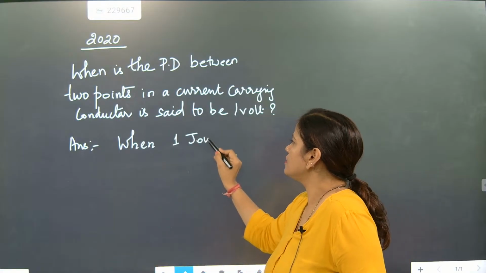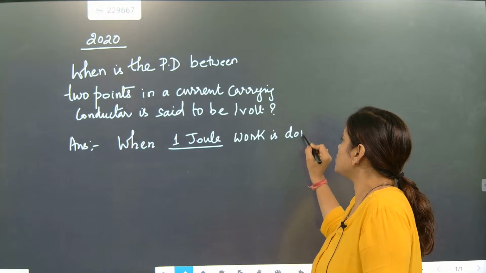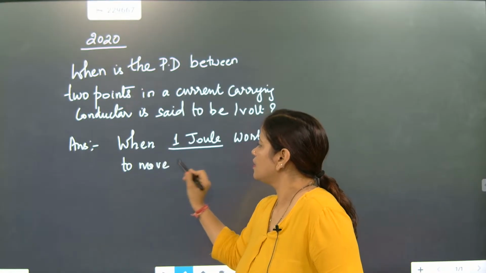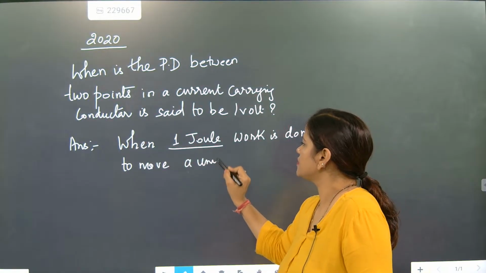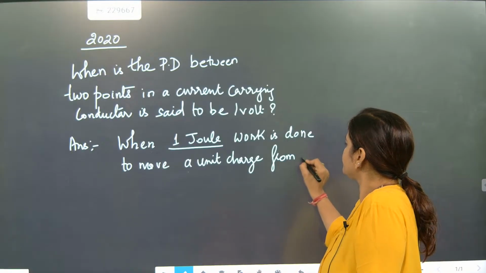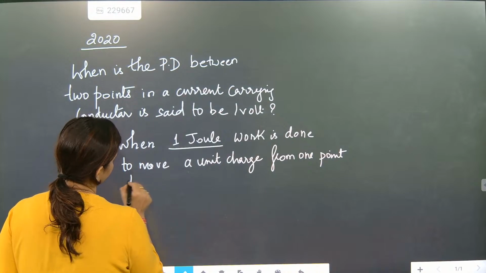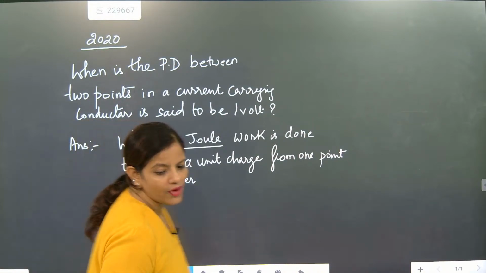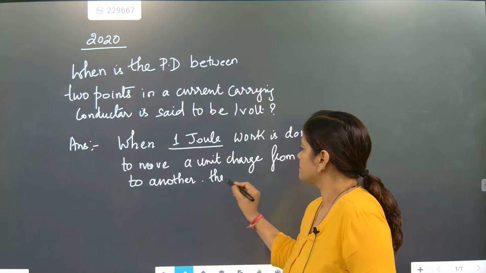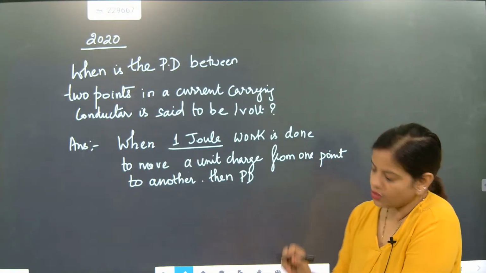When 1 joule, and underline. As a student I am writing the answer: when 1 joule work is done to move a unit charge from one point to another, then PD is said to be 1 volt.